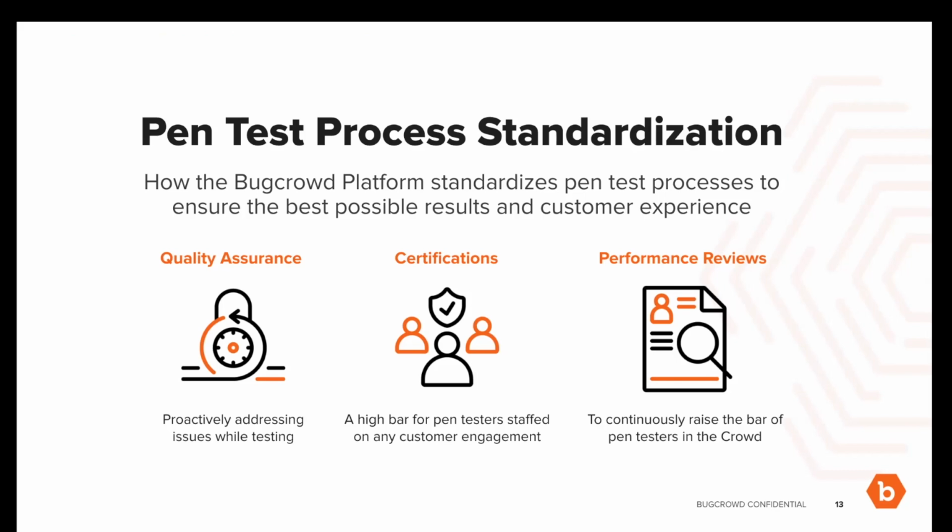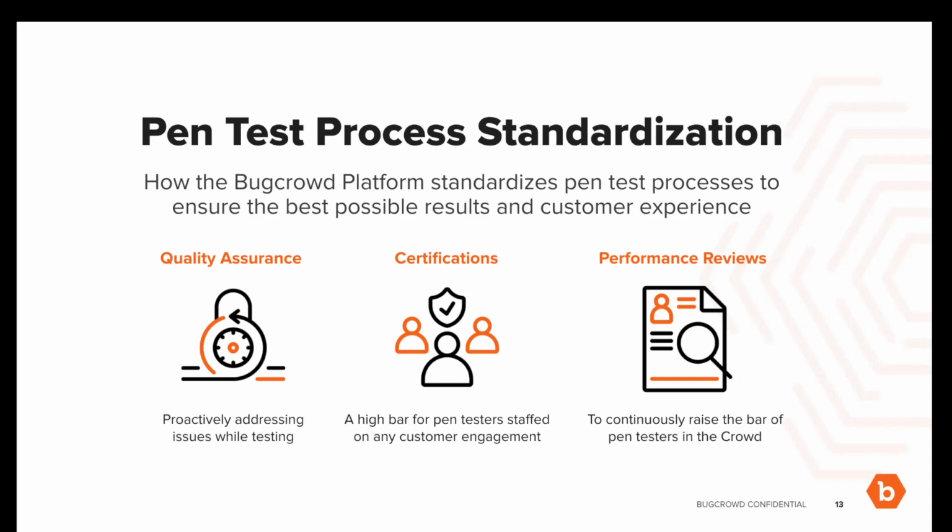Bugcrowd is focused on making sure that we can standardize the pen test process. So we do this by instituting certain processes which the service operations team currently delivers to you as the customer. And as we learn more about these processes, they get ingrained into the technology platform over time.